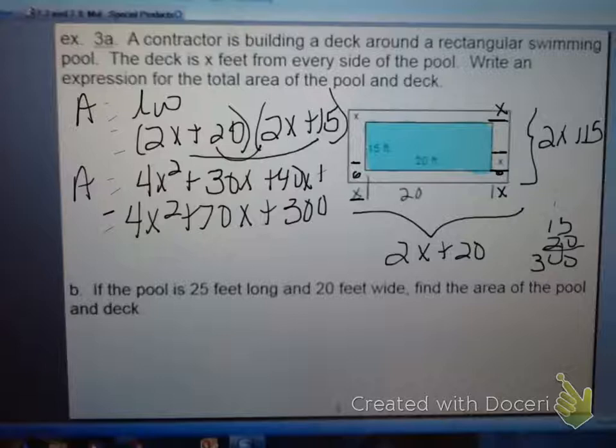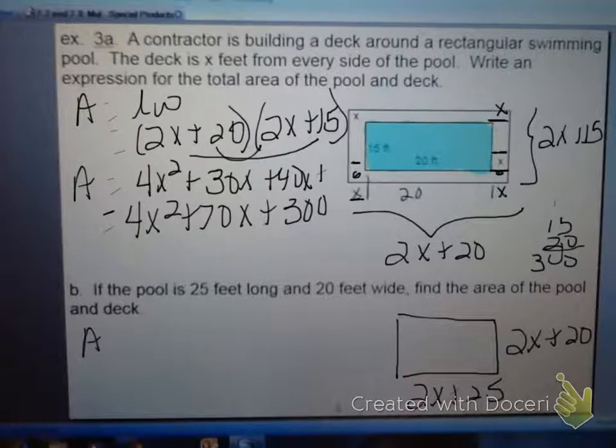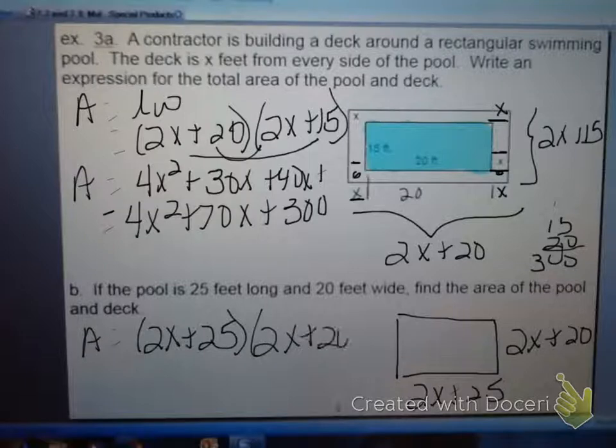Example B, if the pool was 25 feet long instead of 20, then the length plus the sidewalk would be 2x plus 25, and the width would be 2x plus 20. And again, we would multiply using the FOIL method, 2x plus 25 times 2x plus 20.